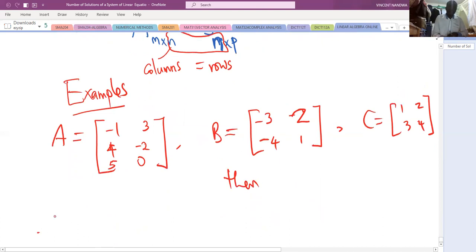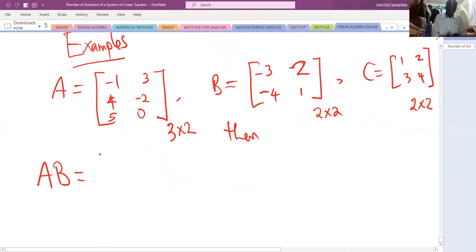AB, because A is of order 3 by 2, B is of order 2 by 2, and C is of order 2 by 2. So AB is defined because A has 2 columns and B has 2 rows.